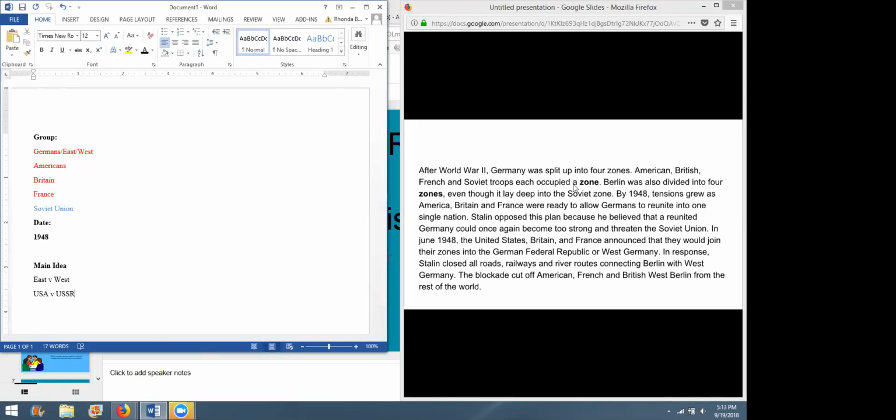So here in this paragraph, East versus West. How so? Well, Stalin, the Soviet Union, believed that a united Germany would once again grow too powerful and attack everyone and try to dominate the world just like in World War II.